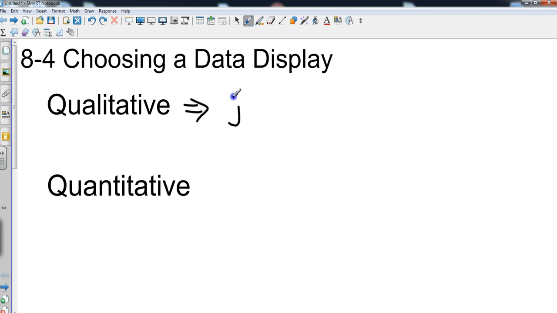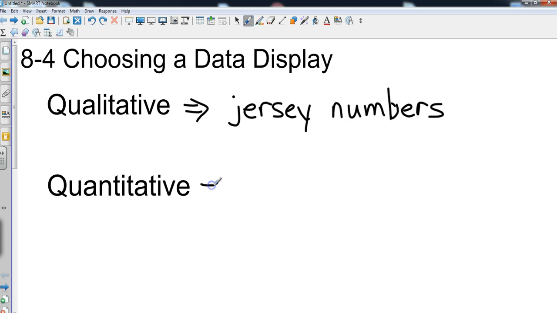So we're looking at maybe jersey numbers of a football team or a basketball team or a soccer team. Again, they are numerical, but they don't really signify percentages or anything of the population. And then quantitative, just like we discussed, could be prices.